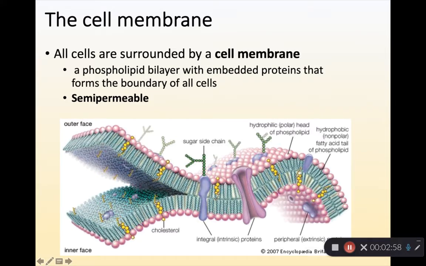And what's important about this is that it is semi-permeable. So some liquid is able to pass through the cell membrane. It's not completely encased or reliant on specific active transport. There's some passive diffusion that can happen across this bilayer, and that ultimately is what helps these cells keep their structure.